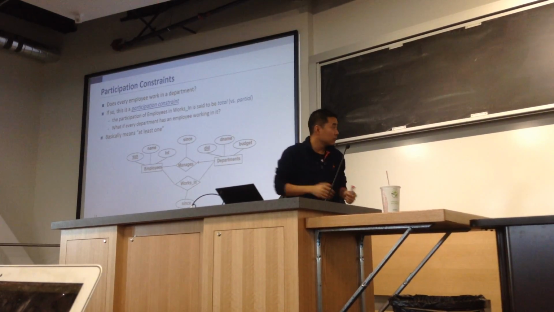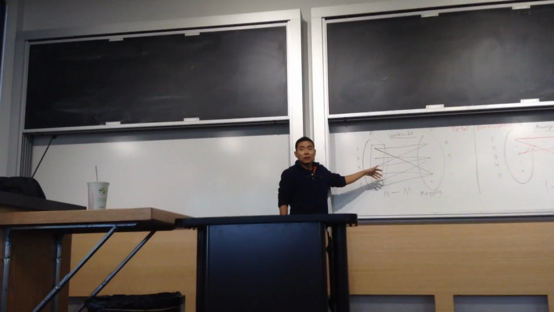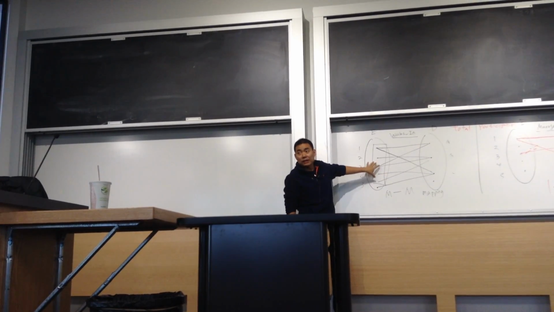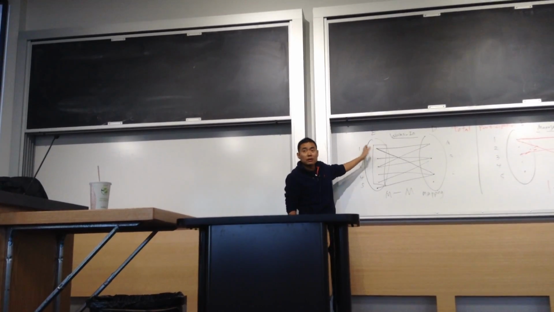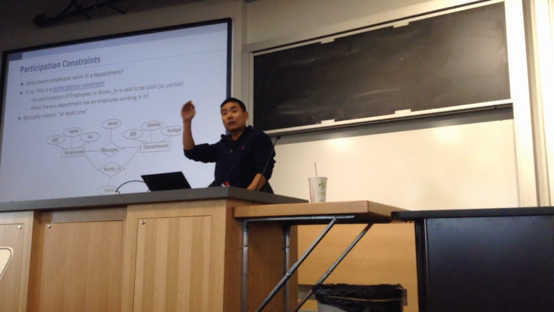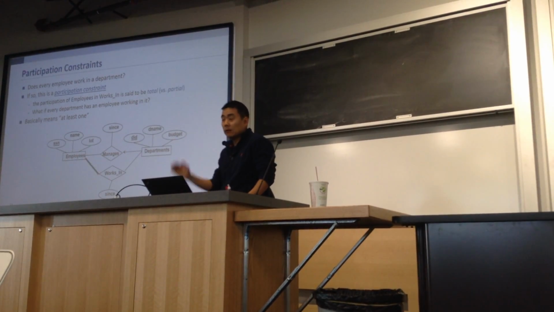For example, if this is the case, and I want to force this constraint, it's not just that it happened to be the case. Rather, I want to force this constraint that all employees work for a department. What I do in my ER diagram is change the line on the employee side to a bold line. Okay?